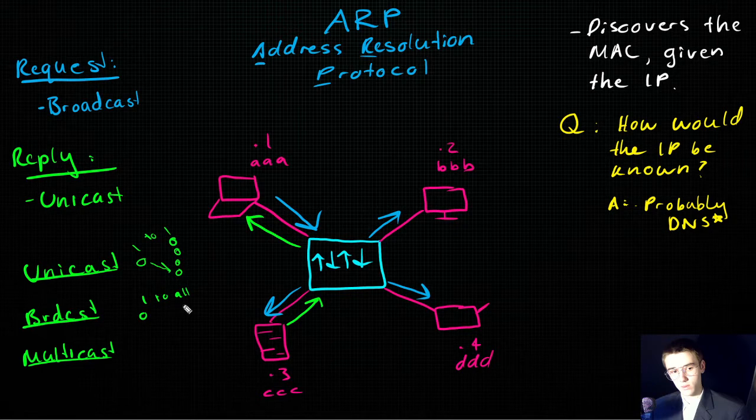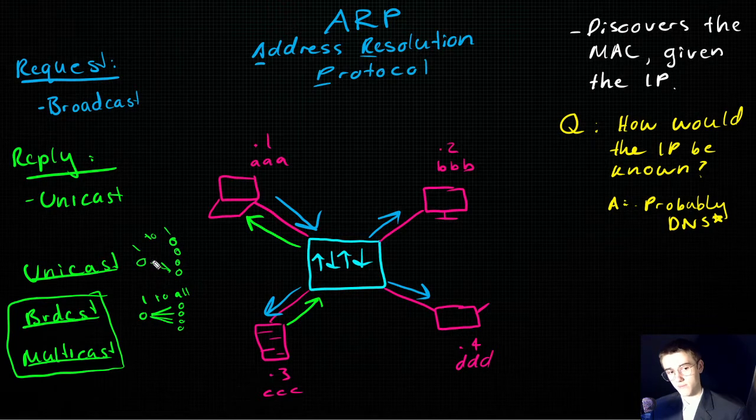So here's the source and here are the different destinations. Broadcast goes to everyone, right? And this is sort of an efficiency technique. These two are sort of used more for efficiency, and the reason is that the sending host doesn't actually have to, like in unicast, if you wanted to send stuff to all four of these computers, you'd have to generate one packet, another one, and another one.